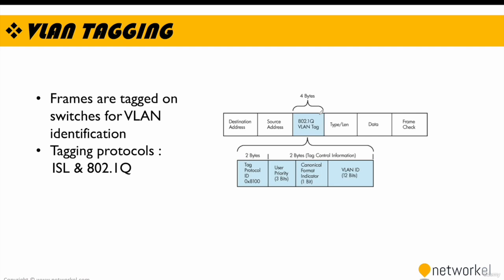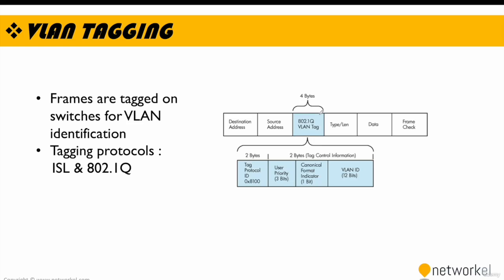Trunk ports are used to carry traffic that belongs to multiple VLANs between devices over the same link, as I told you, and a device can determine which VLAN the traffic belongs to by its VLAN ID. So the VLAN ID is a tag that is encapsulated with the data.